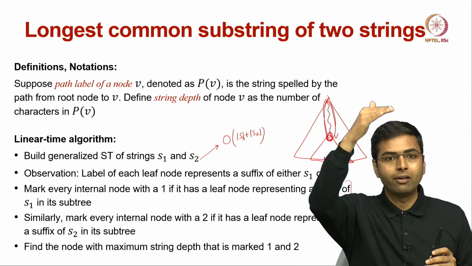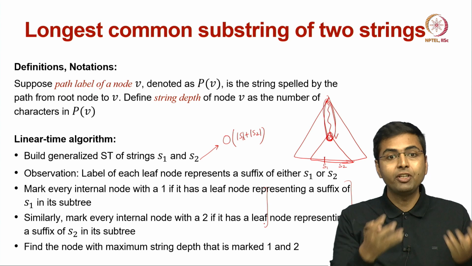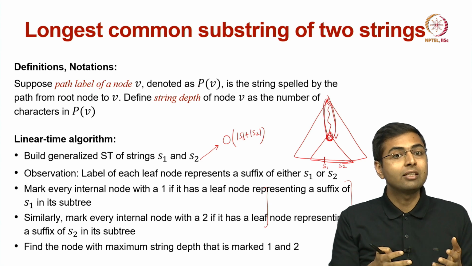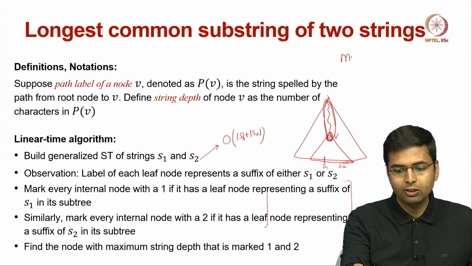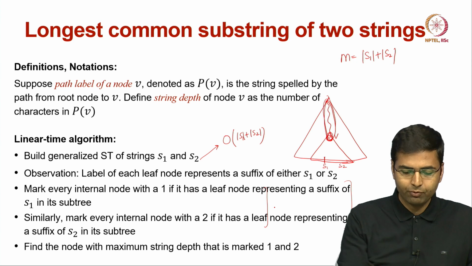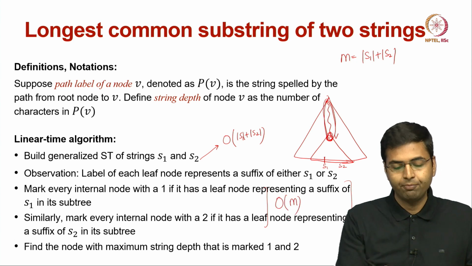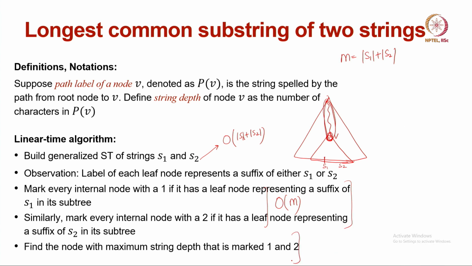Both of these steps can be done in the size of the tree. The number of nodes in the tree is also order m, where m denotes the size of S1 plus S2. So, both of these steps will take order m time. And finally, with a linear time traversal of the tree, I can also report the node with the maximum string depth, which is again done in order m time.